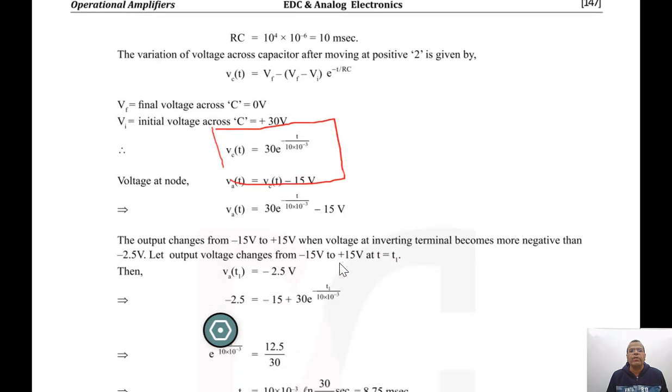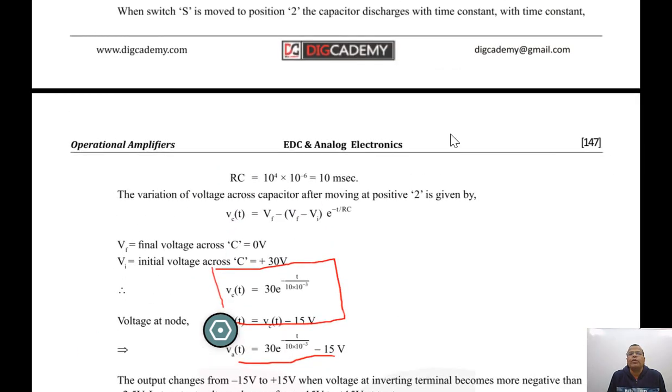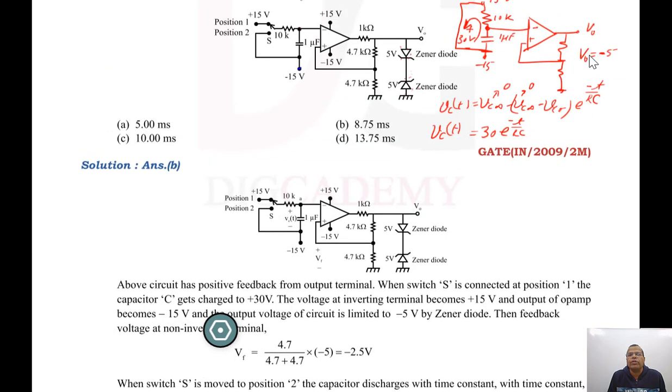It will be equal to the voltage across the capacitor minus 15 volt. Fine. When the output voltage is minus 5 volt, which was initially, what will be the voltage drop across the resistance? Both resistances are equal, so this will be minus 2.5 volt initially.